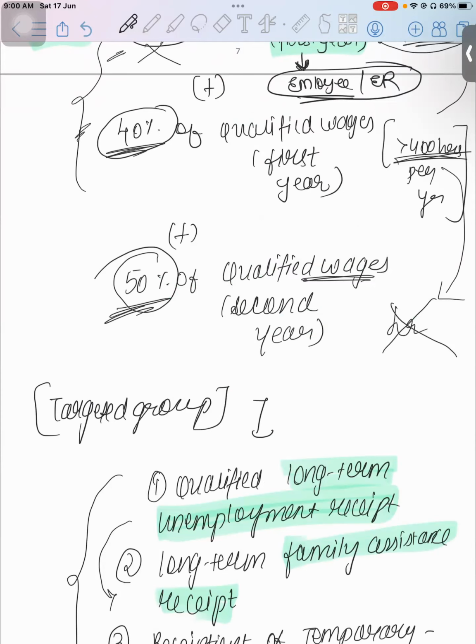There are a few more credits. Those are one-liners. I'll just send you the picture from the book. Those who have my book can just refer to those one-liner credits, and they are not that important. In practical life also, those credits are not being used by any of the business entities. They are just there in the law.